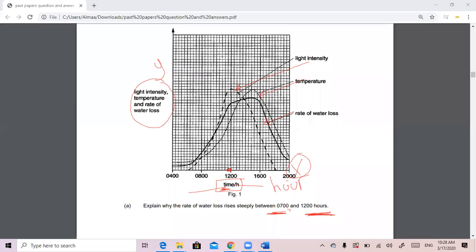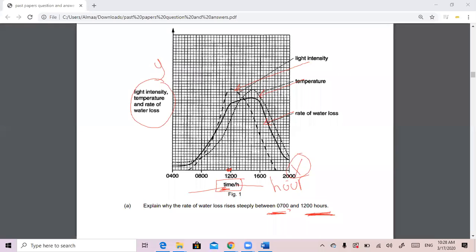I want Yahya. Yahya, you know? Yes, I know. Because of transpiration. You understand the question now, okay? But now answer. Yes, because of transpiration. Okay, but you will describe the rate of water loss.